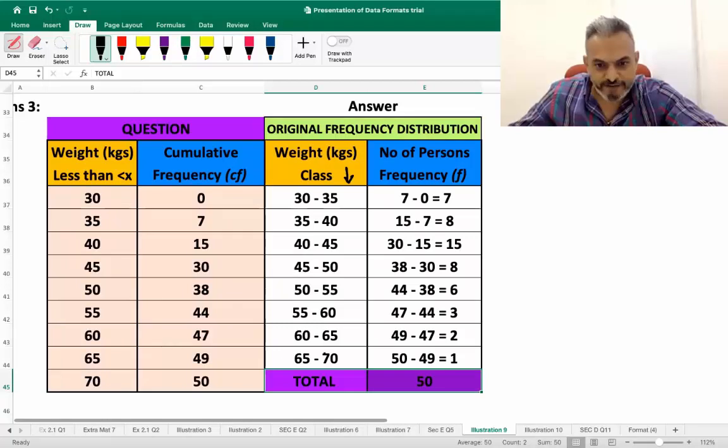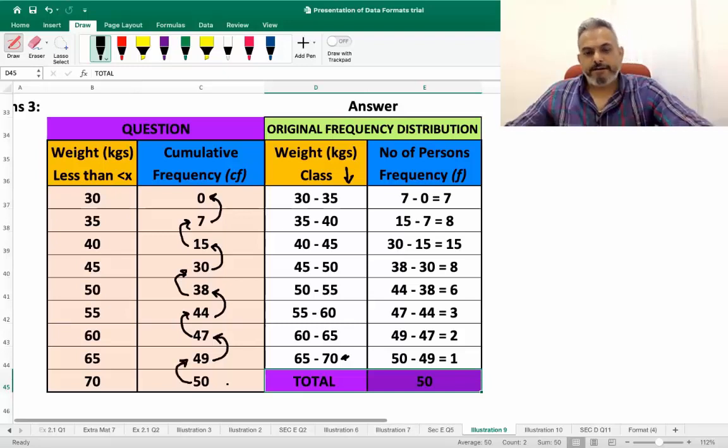It ends at 70, so it ends here. Now, how will we find the frequency? 7 minus 0 is 7. 15 minus 7, 8. 30 minus 15. 38 minus 30, 44 minus 38, 47 minus 44, 49 minus 47, 50 minus 49.